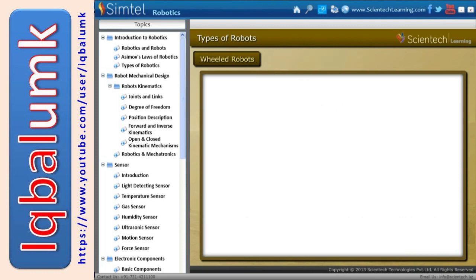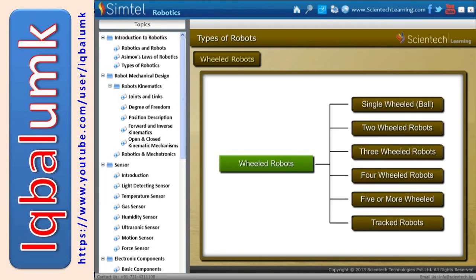Next type of robot by locomotion is wheeled robots, which are most popular among the consumer market. Their differential steering provides low cost and simplicity. Types of wheeled robot are shown in animation. We will discuss each, one by one.